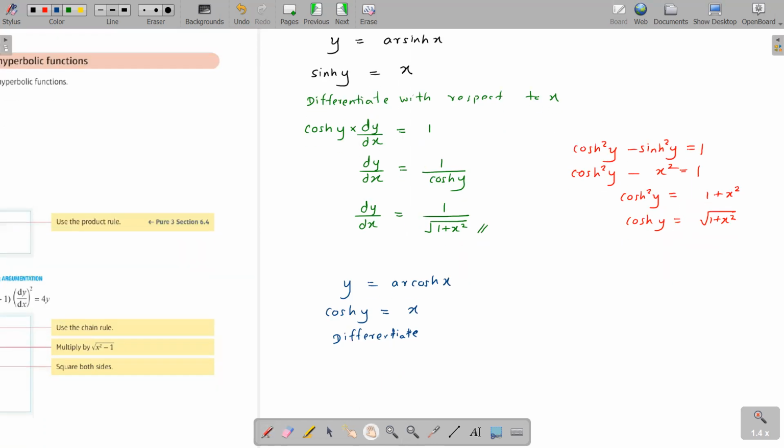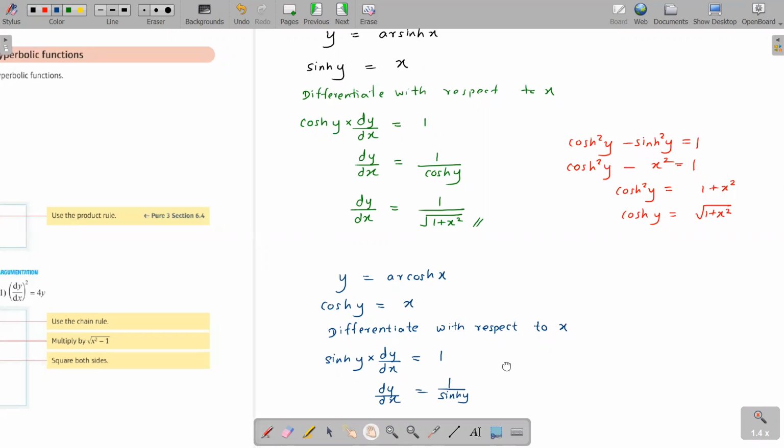The first differentiation is sinh y into the differentiation of y, which is dy by dx, and the differentiation of x is 1. Basically, we get dy by dx equals 1 over sinh y.